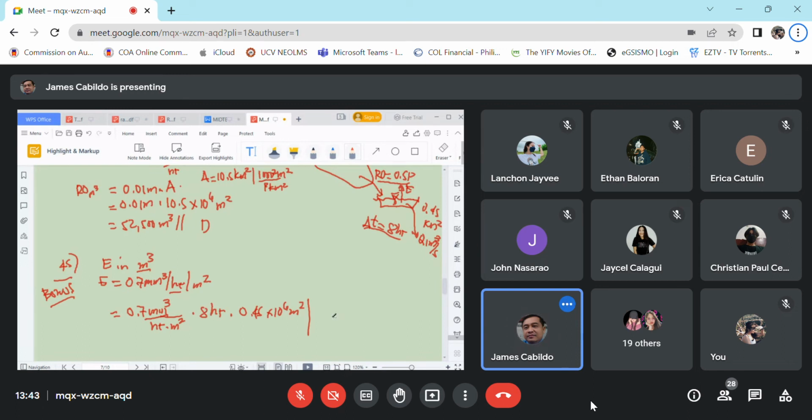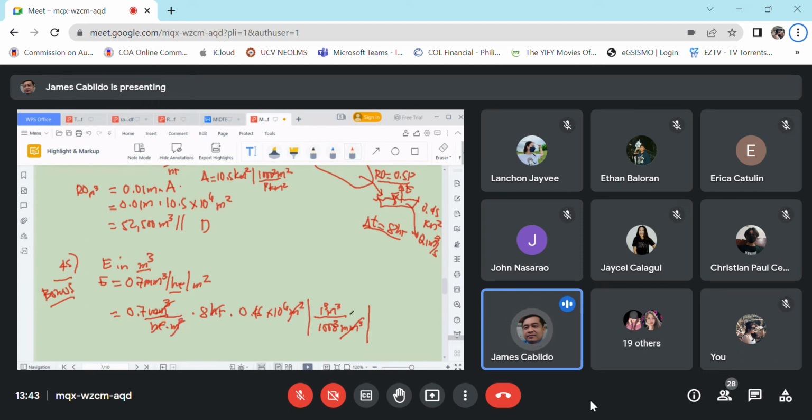So we have, say, in 1 meter there are 1,000 mm. Pero i-cube natin, kasi cube yun eh. I-cube natin din, para makancel yung cube. Okay? So, cancel yung hours. Cancel yung square meters.